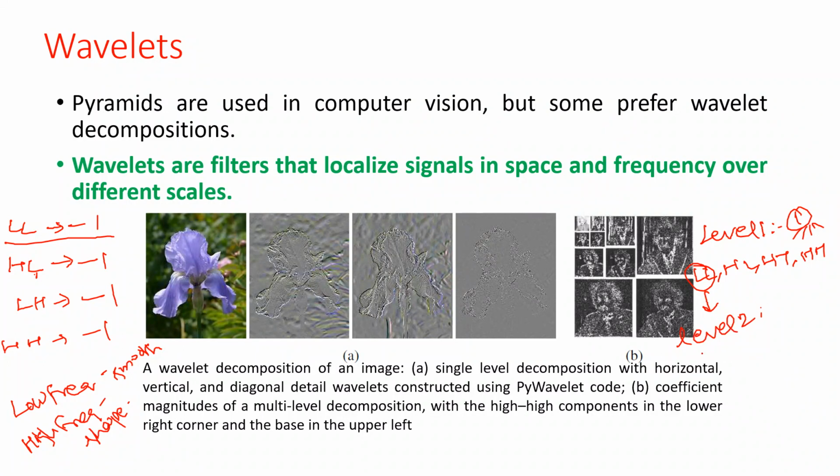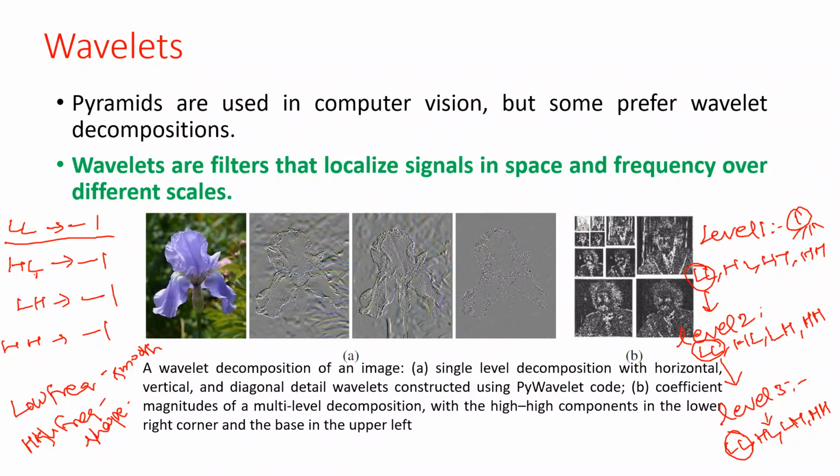Now this will be considered as a single image. Further it is divided into LL, HL, LH, HH, right? So in level 2 we got LL, and level 3 also we will get the same: low low, high low, low high, high high. So here we have performed three levels of decomposition.